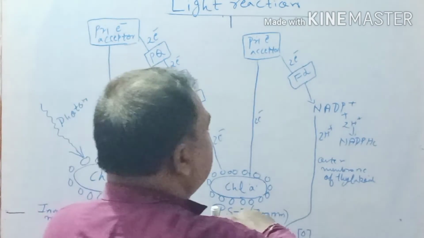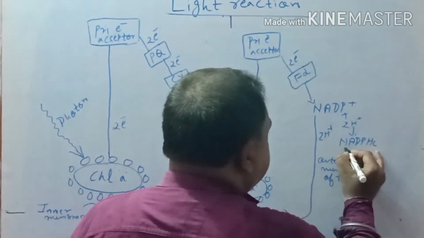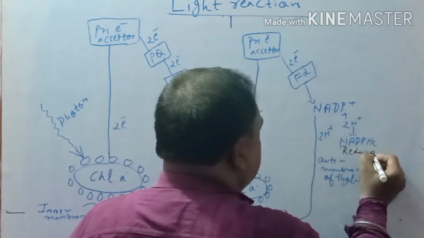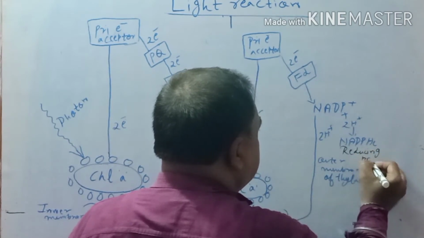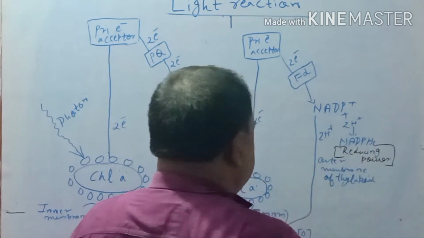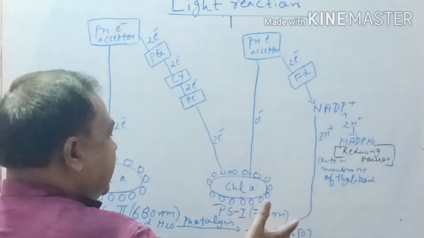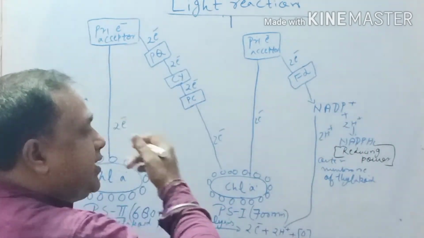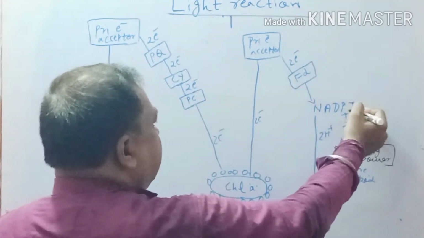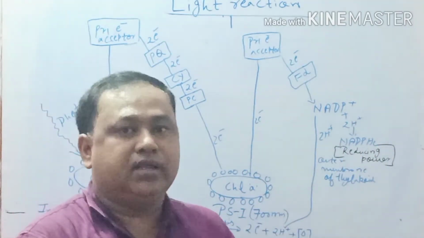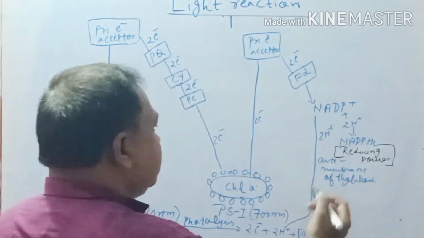It is also known as reducing power. Here the 2H plus ion combined with NADP plus coming from ferredoxin, and it combined to form NADPH2, that is reducing power, at the outer membrane of thylakoid.